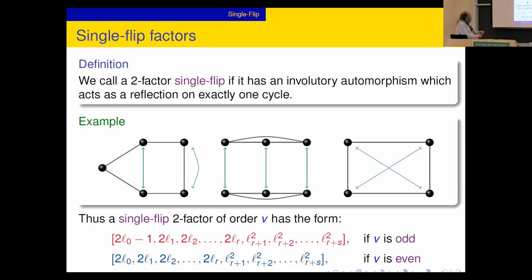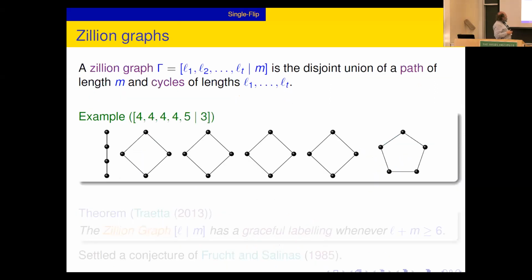Okay, so possibly one odd cycle, a bunch of pairs of cycles, and a bunch of even length cycles. And if V is even, we just don't have the odd length cycle, but same idea: a bunch of even cycles and a bunch of paired cycles. Okay, so that's the single flip notion.